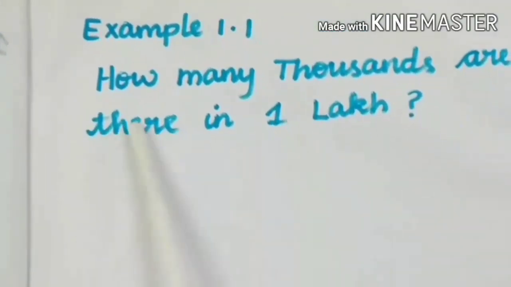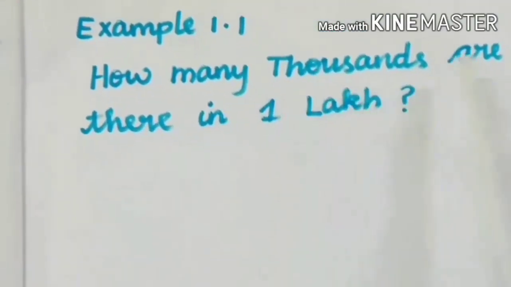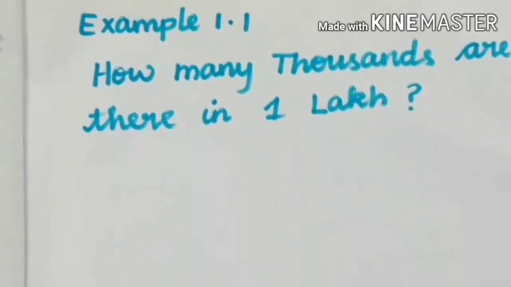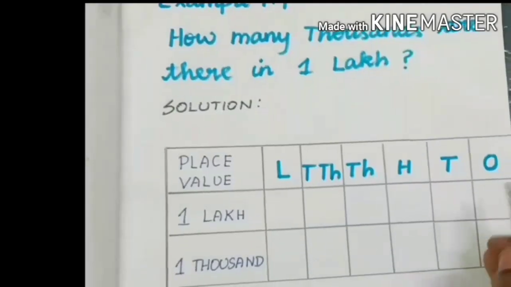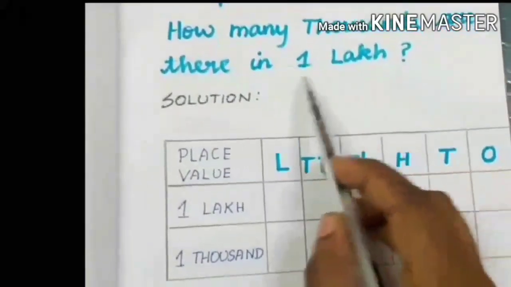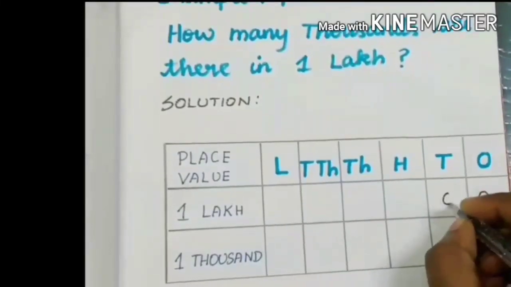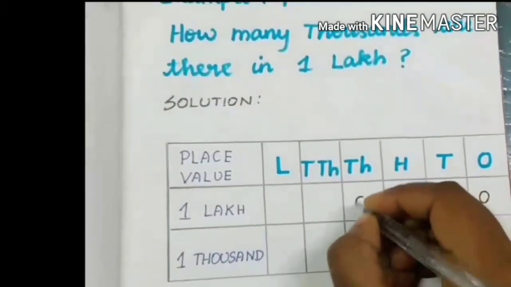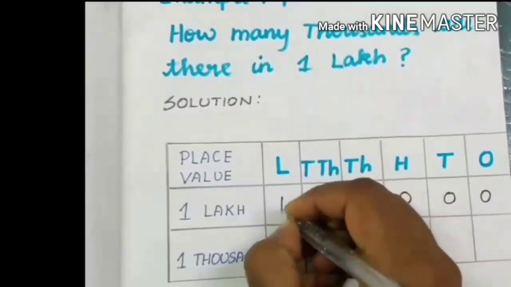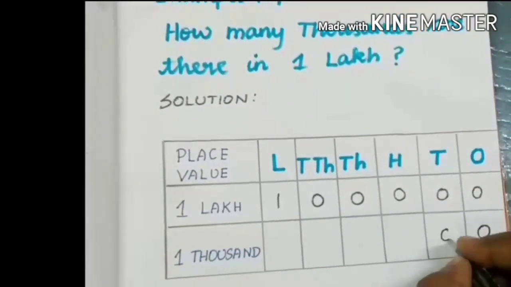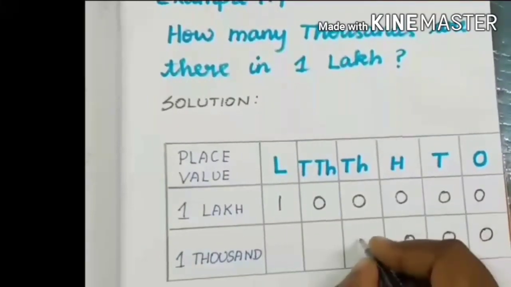Example 1.1. How many thousands are there in 1 lakh? This is similar to the previous one. First draw the place value chart. Write the highest value, 1 lakh, in the place value chart. Ones, tens, hundred, thousand, 10,000, lakh. And the thousand value is ones, tens, hundred, thousand.